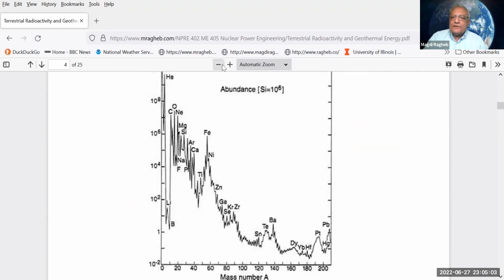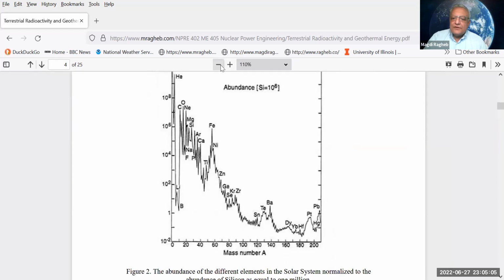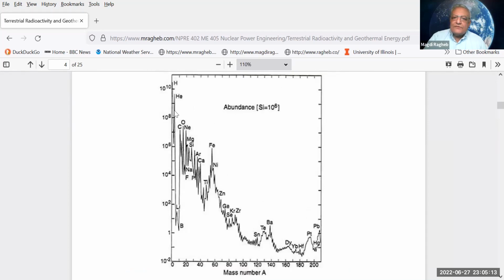But if you look at the composition of the different elements in the solar system, you'll find that obviously the most common element is hydrogen, as you could see here, in terms of the abundance relative to silicon, which is considered as 10 to the 6, or 1 million. You'll find that helium would be 10 to the 6.